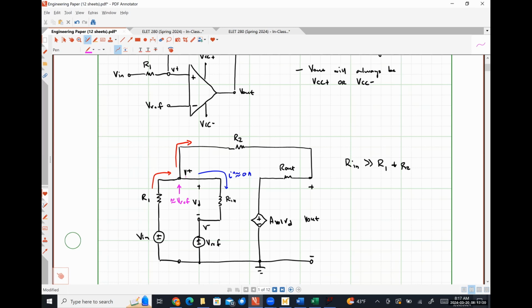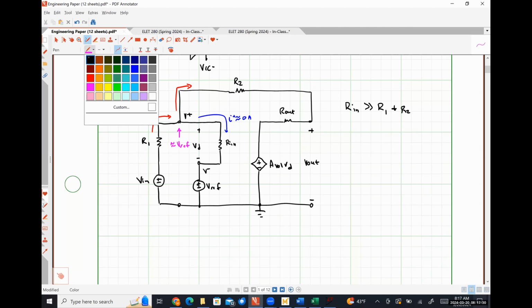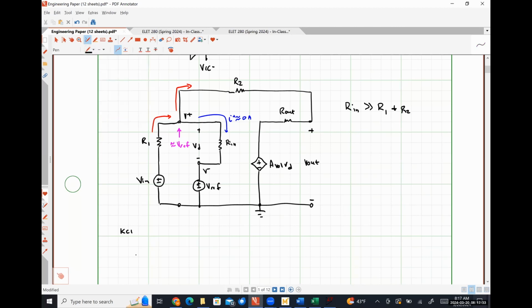So under those constraints, let's do a little bit of circuit analysis. If I apply Kirchhoff's current law at the non-inverting input node, what I'm going to have, and let me change the direction of this arrow. Oh, I could have left it that way. I guess we'll just do these two currents and set them equal to each other.